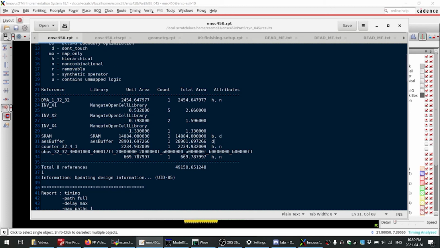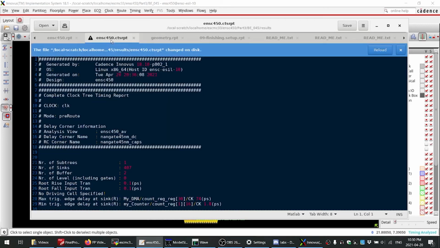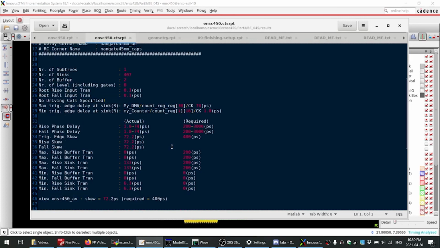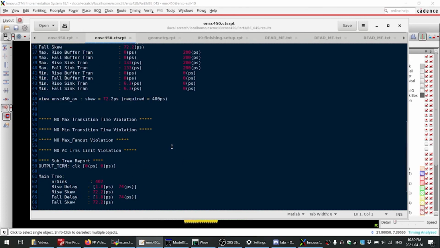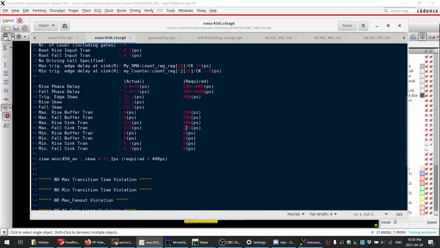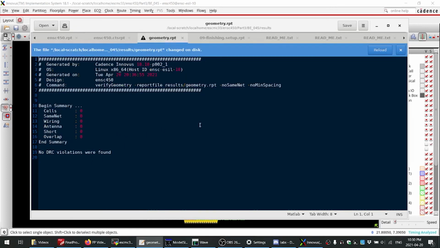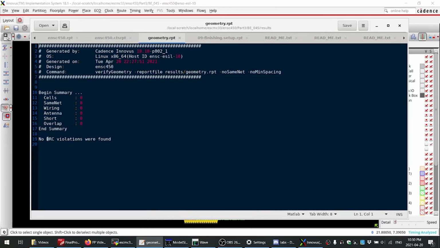And after the place and route, we get no timing violations and no DRC design rule violations.